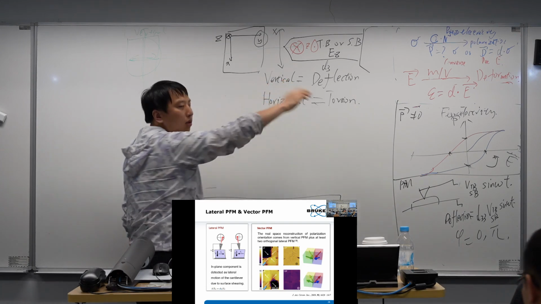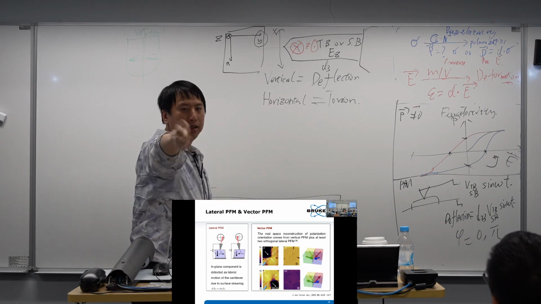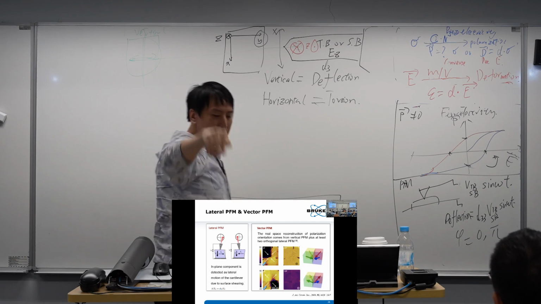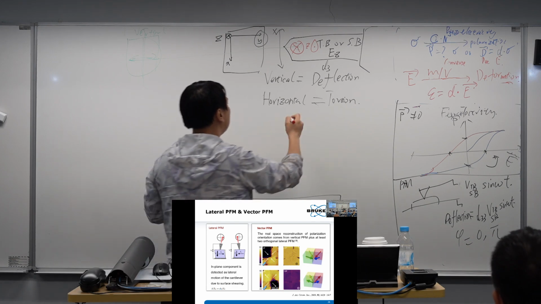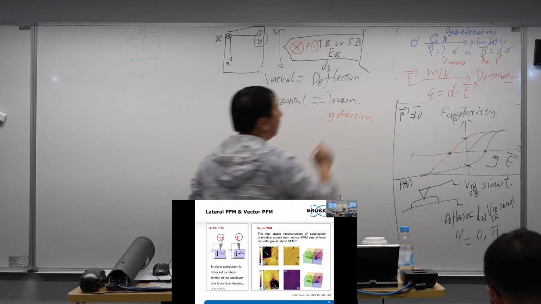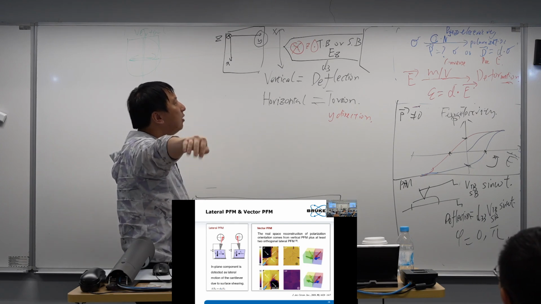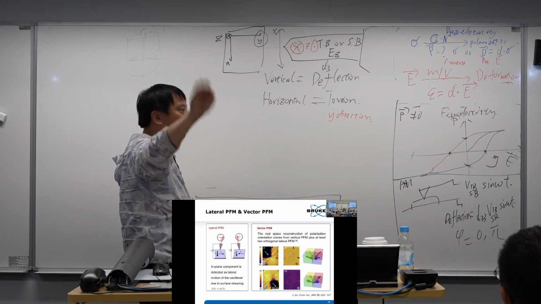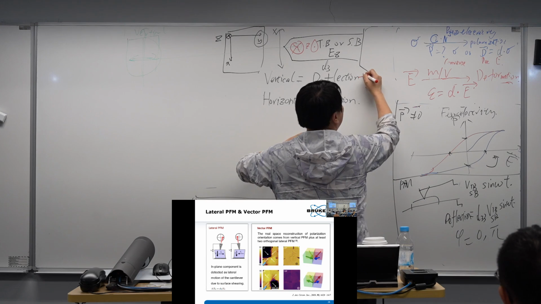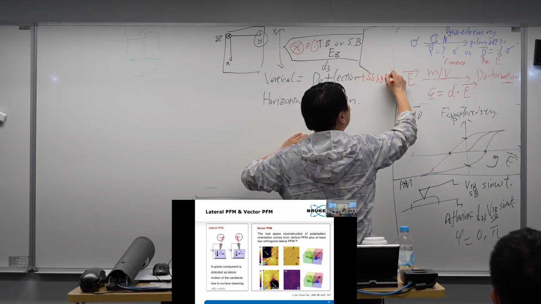So the vertical is detecting the z, and the horizontal is detecting x. But the y movement is just something like this. In principle, the y direction movement will cause the probe a slight movement in this direction.